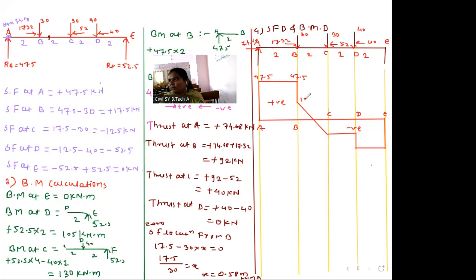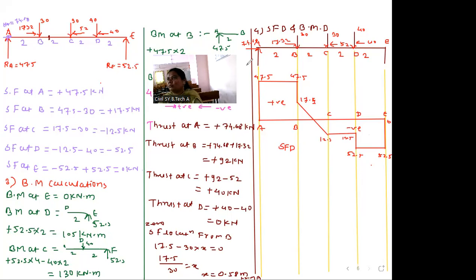Here 17.5. 17.5. Here 12.5. Here also 12.5, and after that here 52.5. Here also 52.5, and here 0. So this is the shear force diagram.